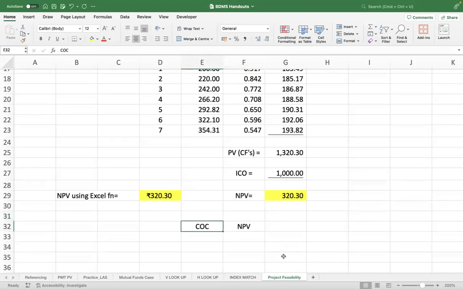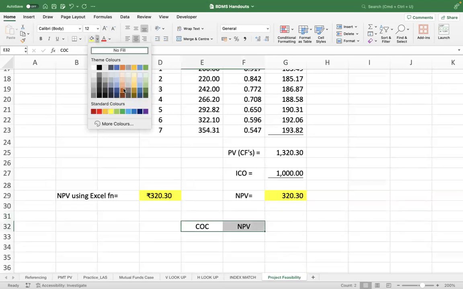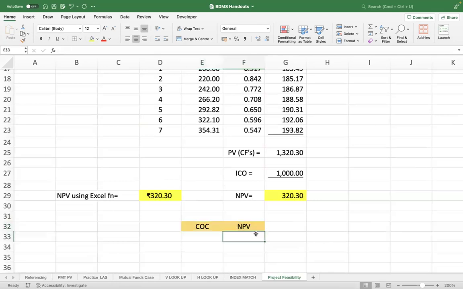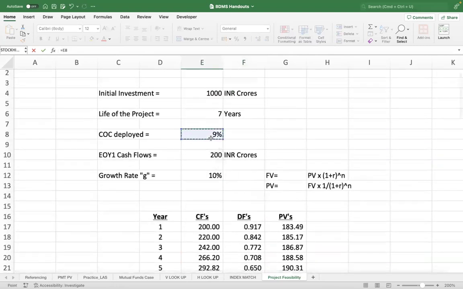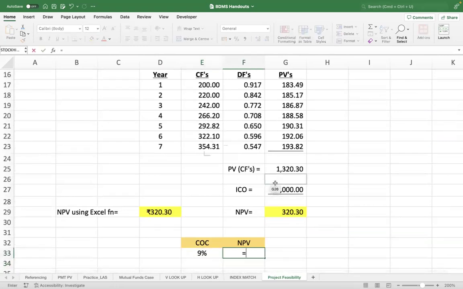So first we have to establish the relationship between the independent and the dependent variable. So I will write here, my input is my cost of capital, which I am getting from here, right? The output is NPV, which I am getting from here.